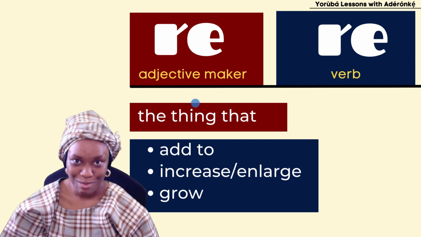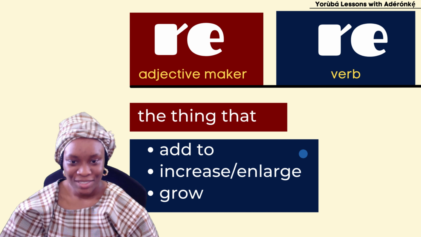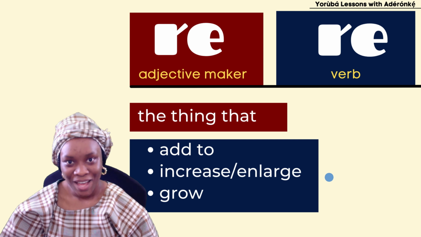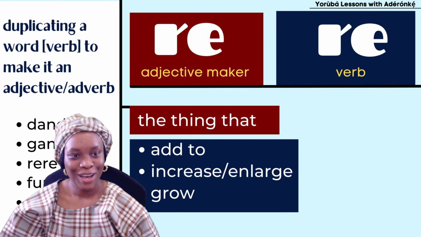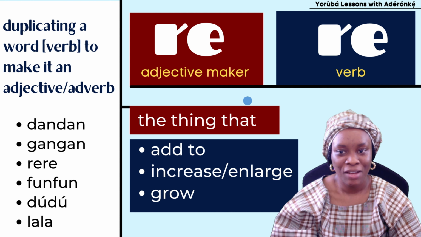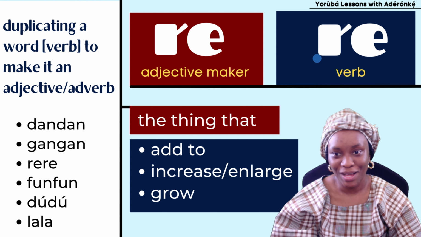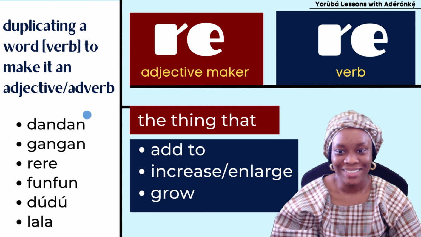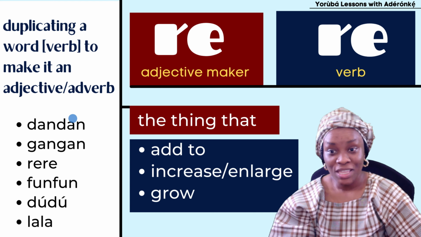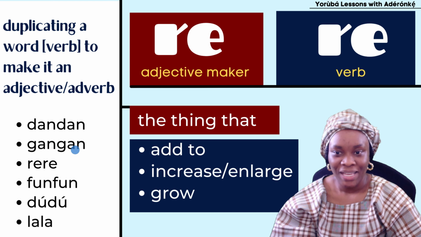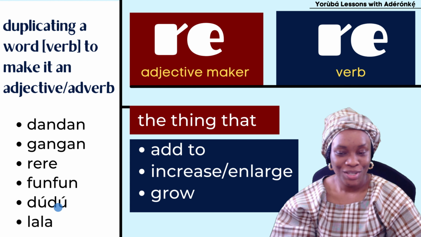I'll tell you how. It will be the thing that adds to, increases, or enlarges and grows. Rere. There's a way to make a verb an adjective or an adverb by duplicating the verb. You double it and it becomes an adjective or an adverb. And you see that in words like dondon and gongon and riri and funfun and dudu and lala.